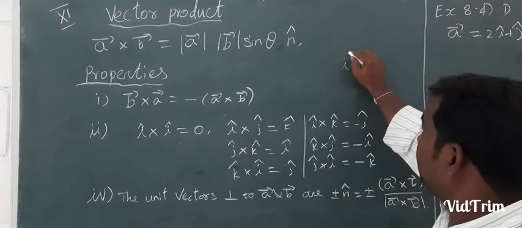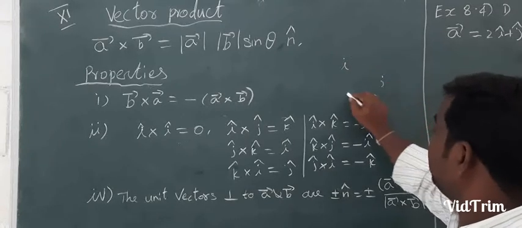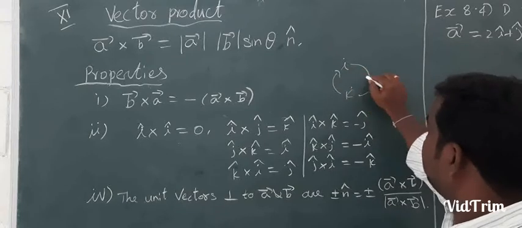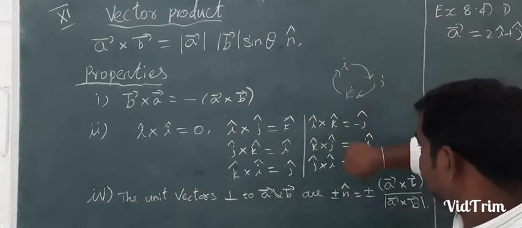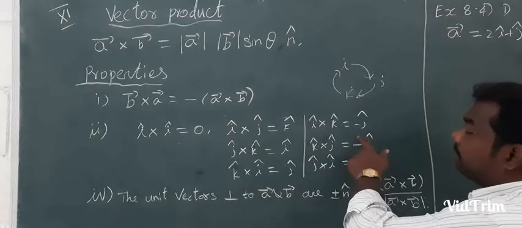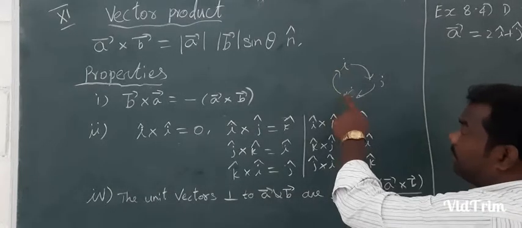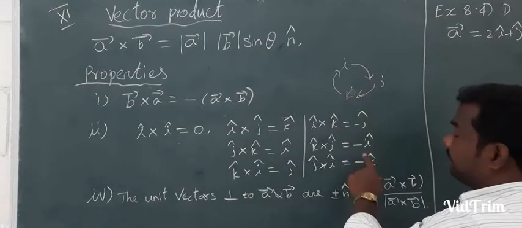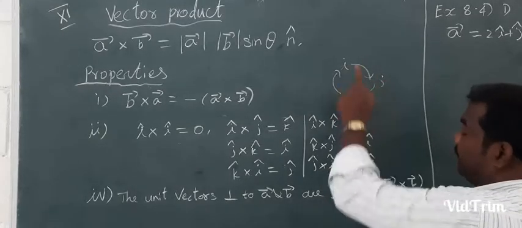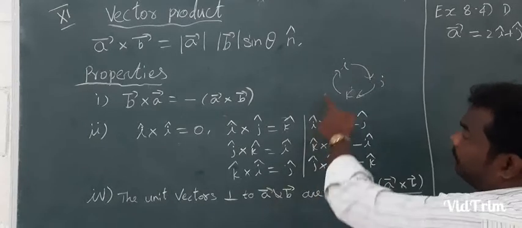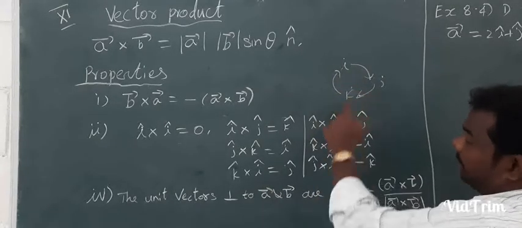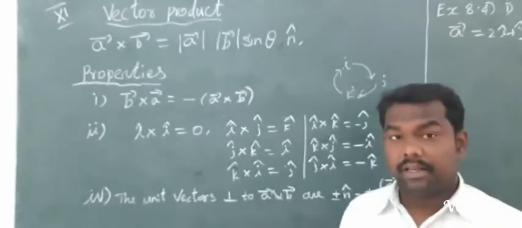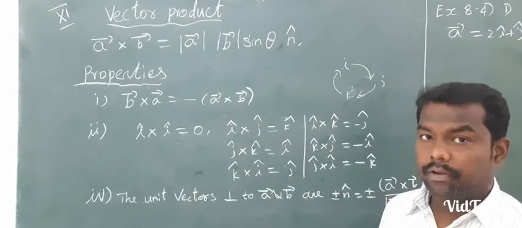If you take the negative order, it will give minus: i cross k is minus j, k cross j is minus i, j cross i is minus k. If you do the positive rotation, or the anti-clockwise, you will get the positive value. If you turn it clockwise, you will get negative values.